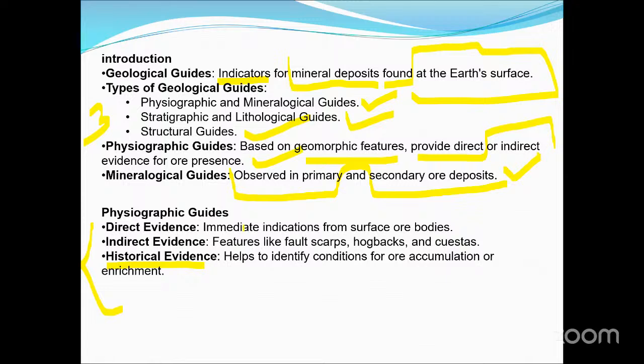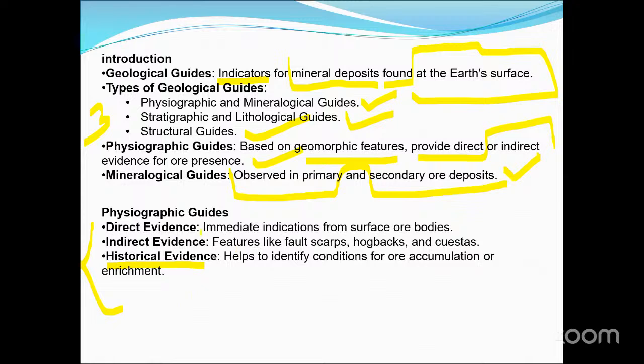So geological guides are divided into three types: physiographic and mineralogical guides, stratigraphic and lithological guides, and structural guides. Physiographic guides are based on geomorphic features, and mineralogical guides are observed in primary and secondary ore deposits.